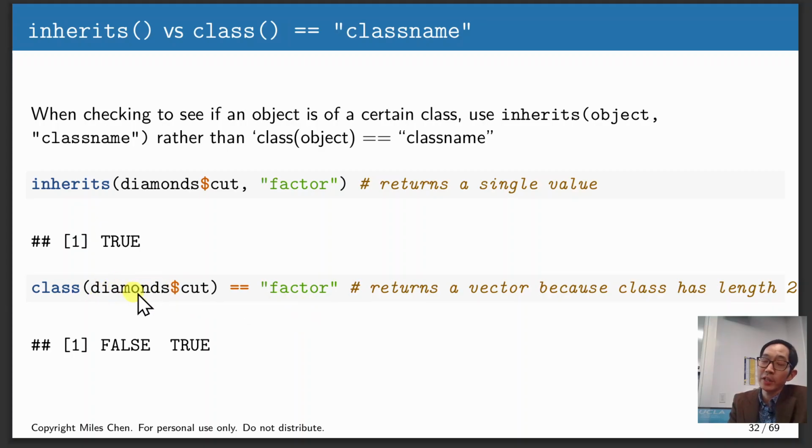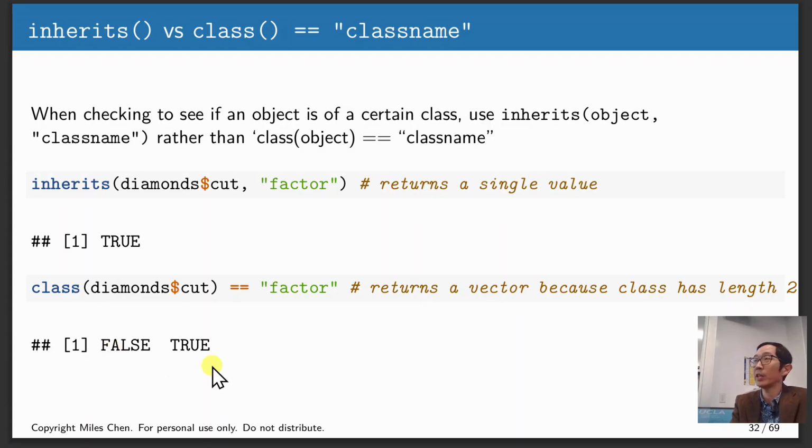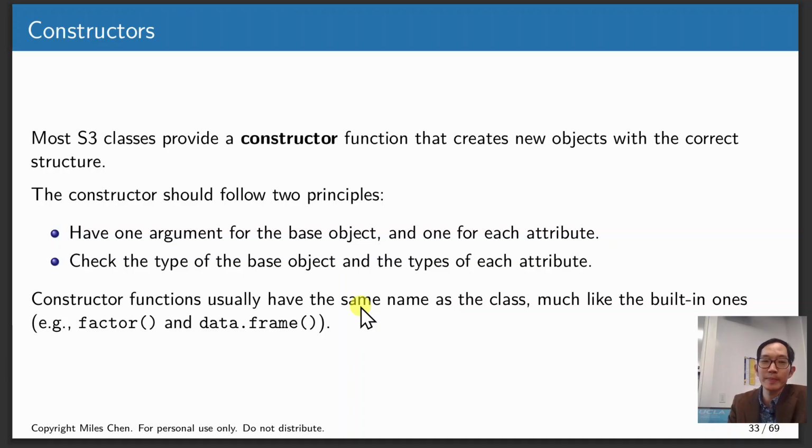So if I say, hey, is the class of diamonds$cut a factor, and I do equals factor, it's going to say ordered and factor, and so I'm going to get a FALSE and a TRUE, okay? We just want to know, hey, is this a factor? And the answer is yes. Like, is this thing a rectangle? It's a square and it's a rectangle, but the question is, does this thing count as a rectangle? Yes, it counts as a rectangle, okay? And so you want to use inherits rather than is it equal to rectangle, okay?